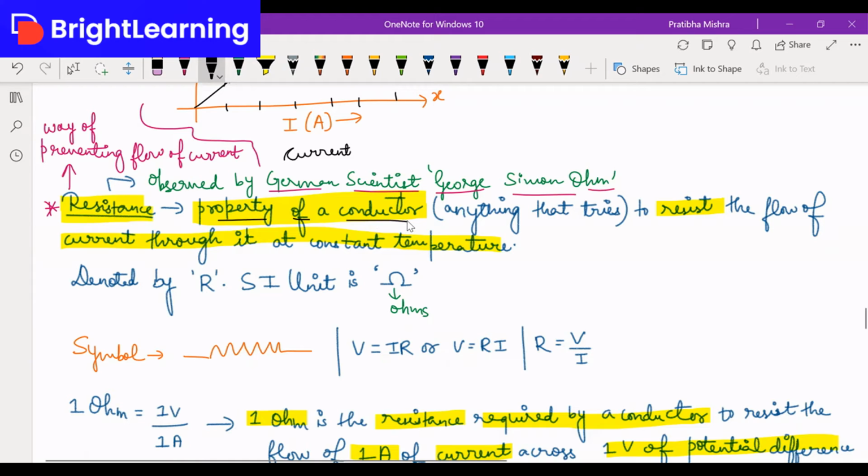Because you know that an insulator is anyways a resistant object, right? It will allow a very minimum current to pass through. But they are talking about the property of a conductor, or any object which tries to resist the flow of current through it at constant temperature.